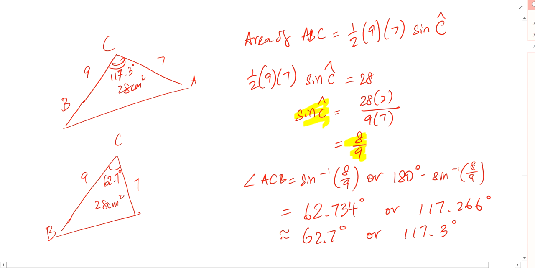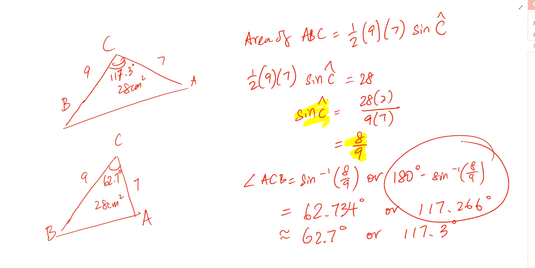These two triangles have the same area with the same sides for BC and CA, but the angle in between those two sides are different. So don't fall for this trick. The trick over here is that there is a second answer. If you look at example 9, it gives you a clear explanation why.